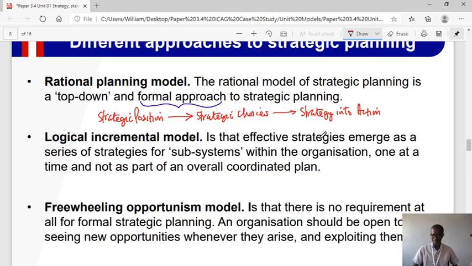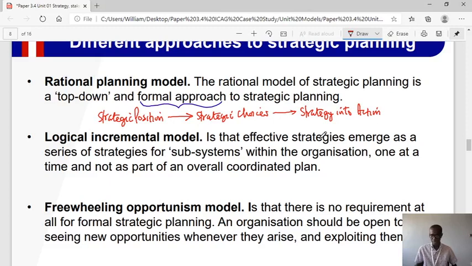The free-wheeling opportunism model is that there is no requirement at all for formal strategic planning, where you do position analysis, strategic choice, strategy into action, and all those things. No, there is no requirement at all for formal strategic planning.